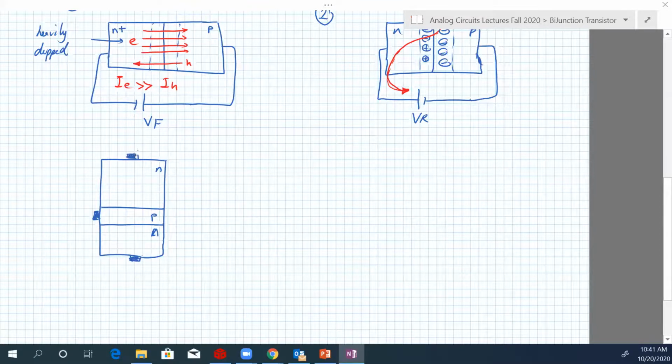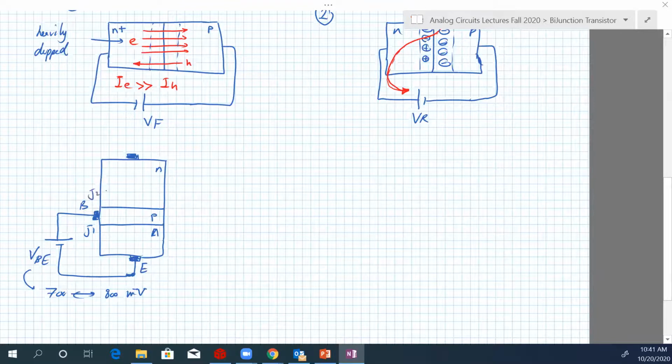We want this junction J1 to be forward, so I'm going to connect to it directly a battery like this with V_BE voltage between 700 to 800 millivolts, or between 0.7 to 0.8 volts, between the base and the emitter.